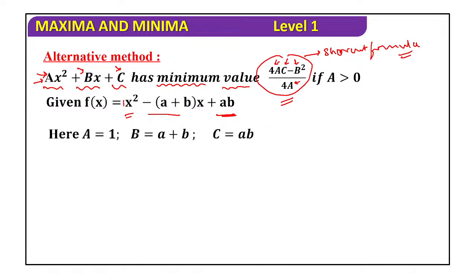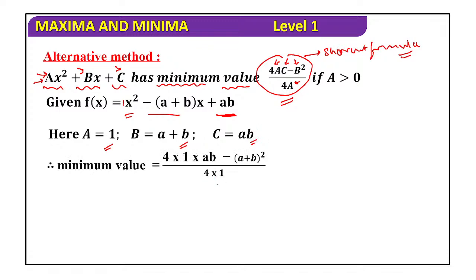The a value is 1, b value is minus (a plus b), c value is ab. You put them in the required places and you will get your required result, that is minus of (a minus b) whole square divided by 4. Clear? Okay, you can use this method also, no problem.